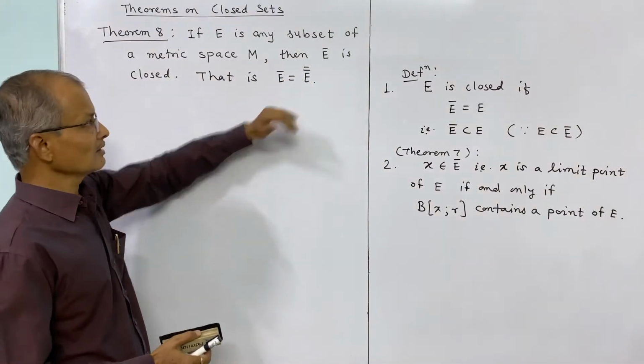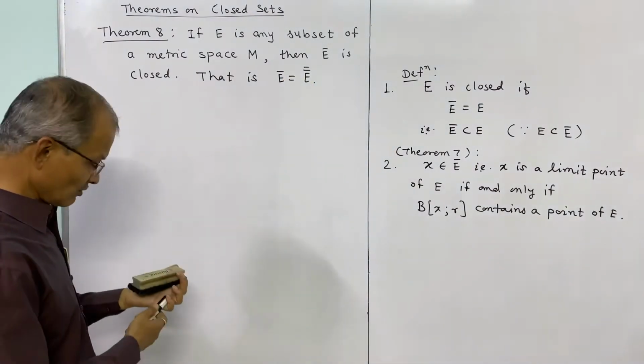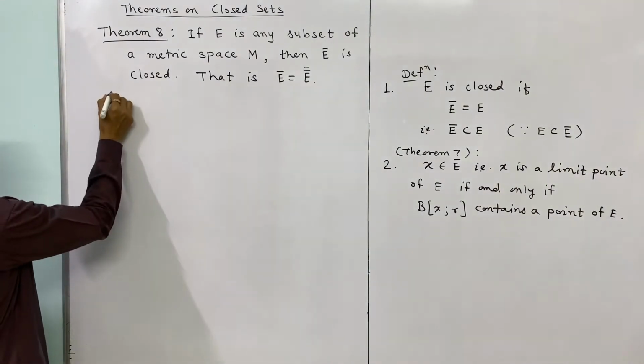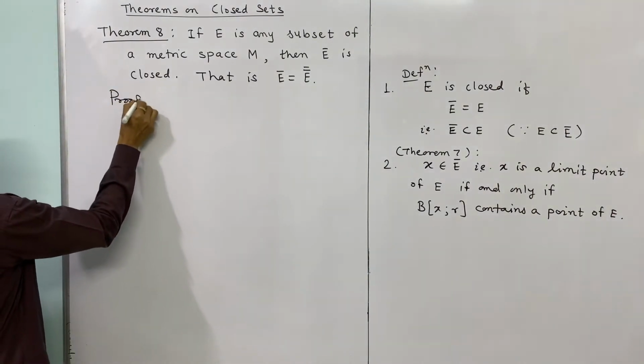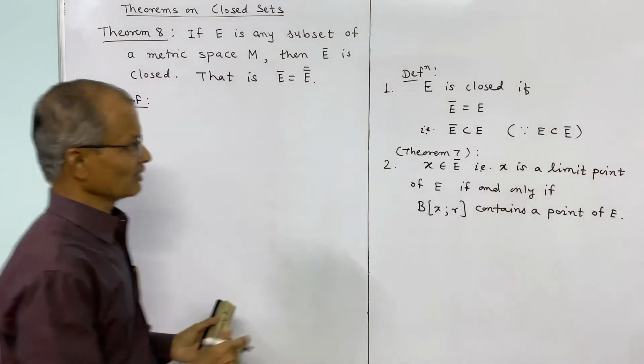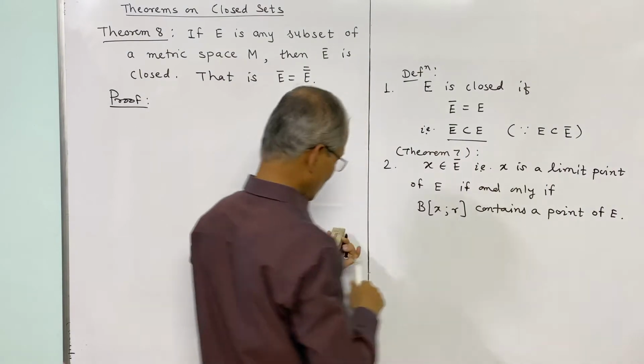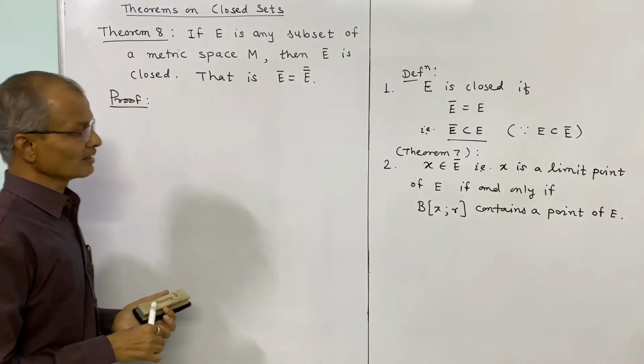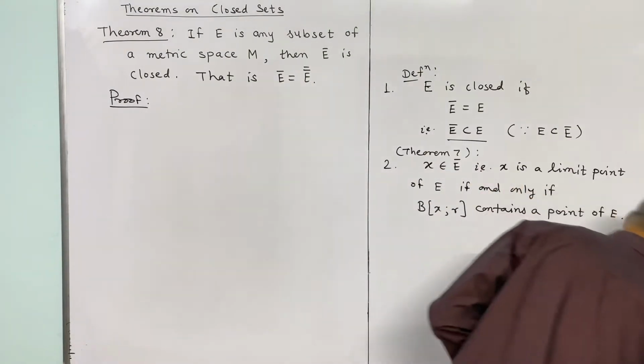So that is the result that we have to prove. Now we shall consider the proof. We have to prove this part only, that means double closure of E is contained in E bar.